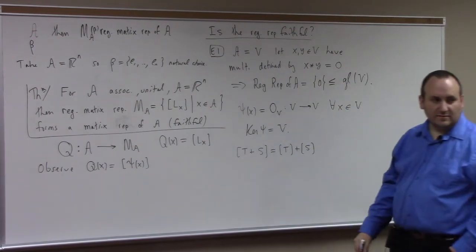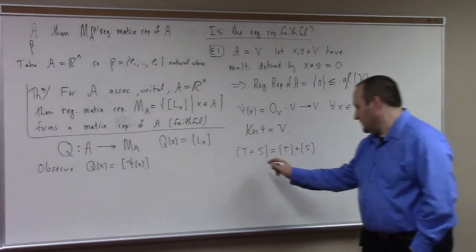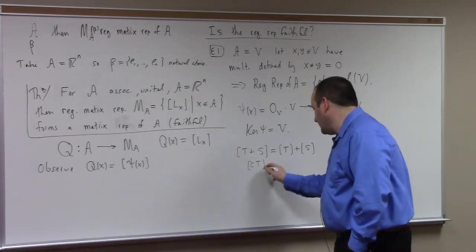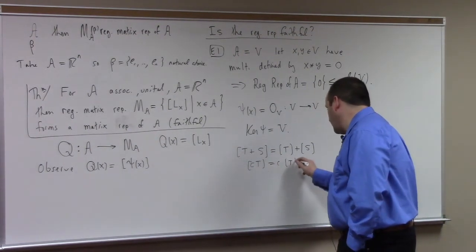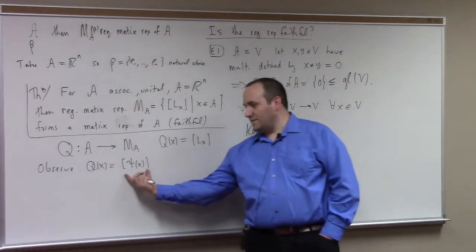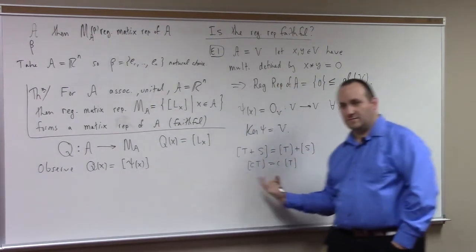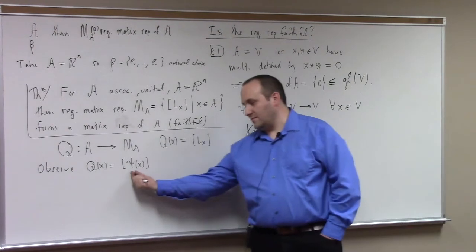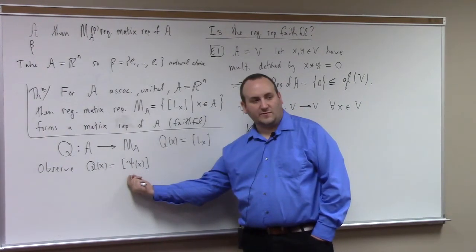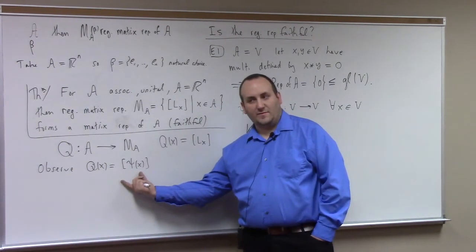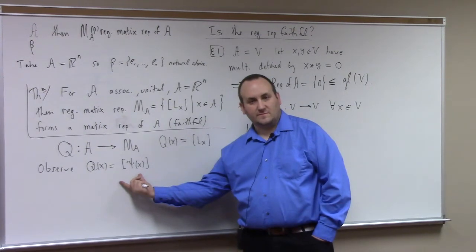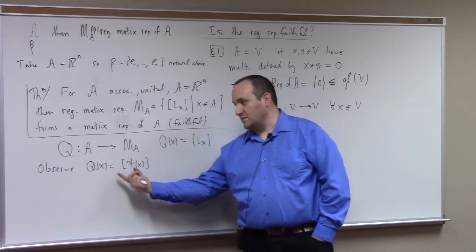You know this, right? And also, CT is C times matrix of T, right? So the outside function here is a linear transformation. And the inside function here is a linear transformation, because we already proved that. So we have the composite of linear transformations. Consequently, Q is linear.